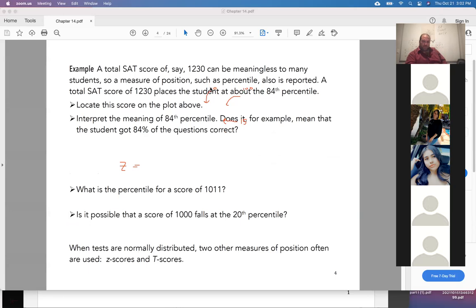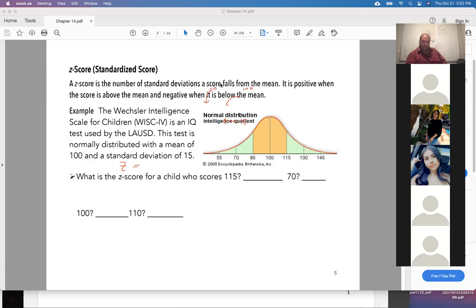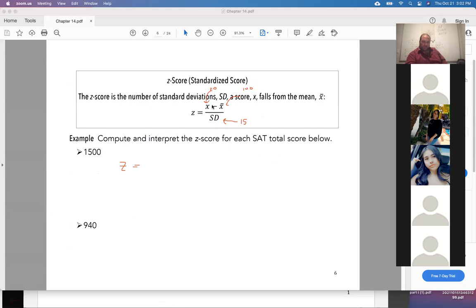No. But the z-score, the formula, where did it go? The formula is your data point, which is 1500, minus the mean. What's the mean for the SAT example? 1011, divided by the standard deviation of the SAT example, which was what? 216.